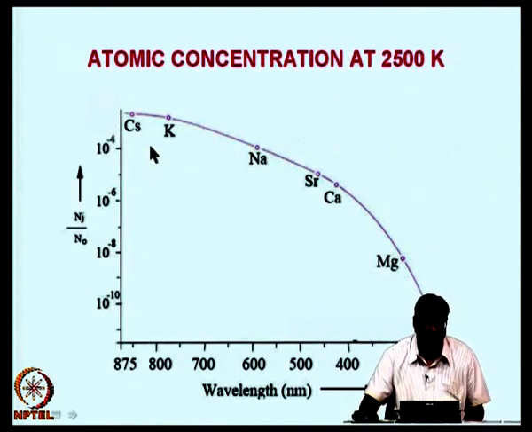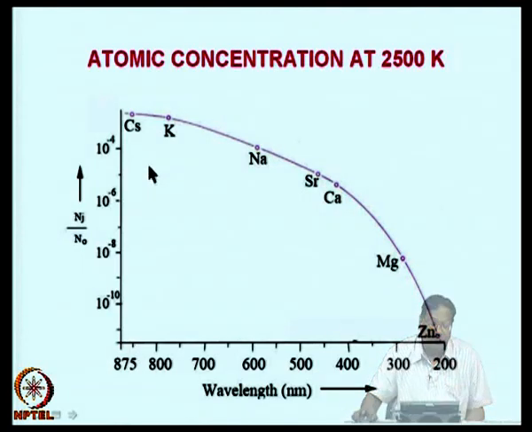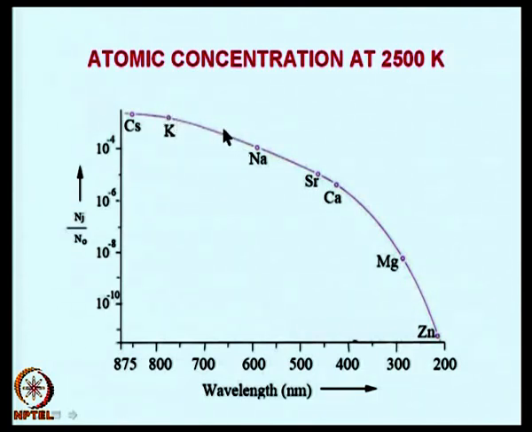You can see here that the alkali metal cesium has the highest ratio at 875 nanometers, and then it keeps on decreasing, and sodium is somewhere around 10 raised to minus 3 or something, and then strontium and calcium are around 10 raised to minus 6.